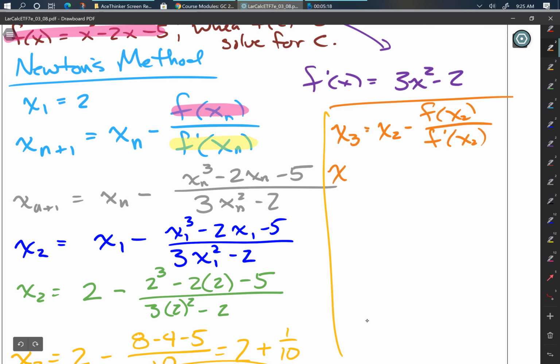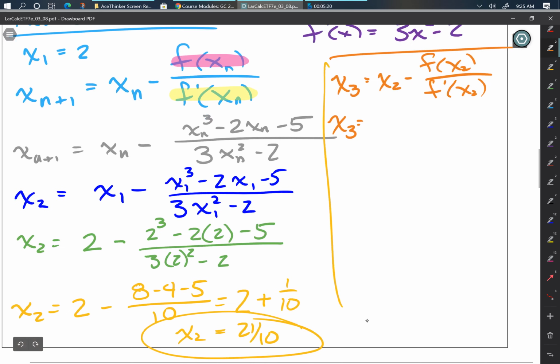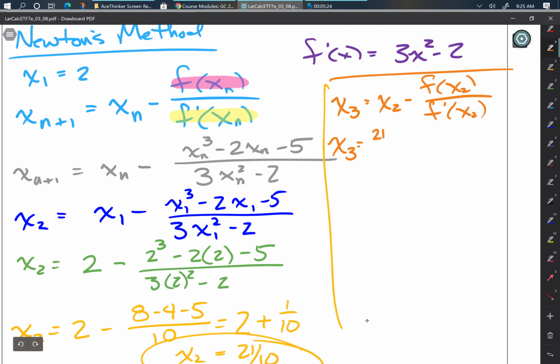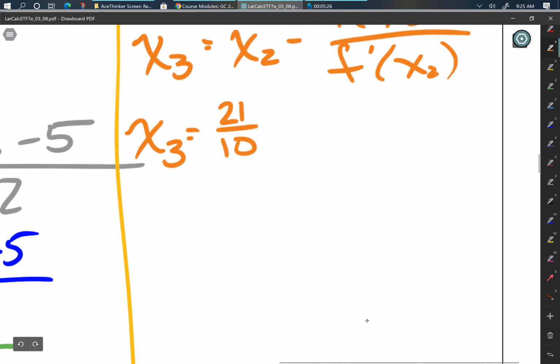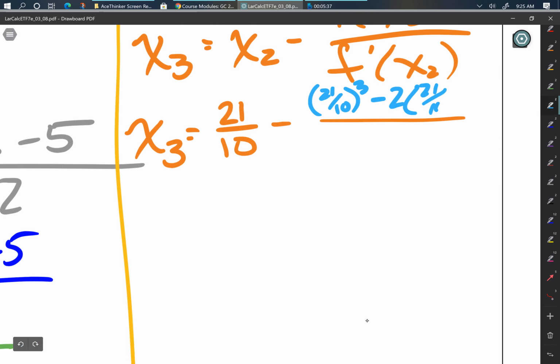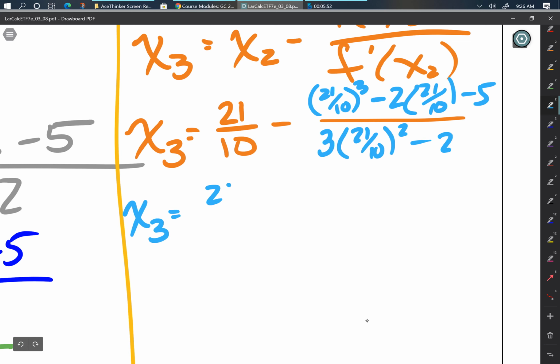So x sub 3 is going to be equal to 21/10 minus 21/10 cubed minus 2 times 21/10 minus 5 over 3 times 21/10 squared minus 2. So x sub 3 is equal to 21/10 minus, and here's where it's going to start to get ugly.